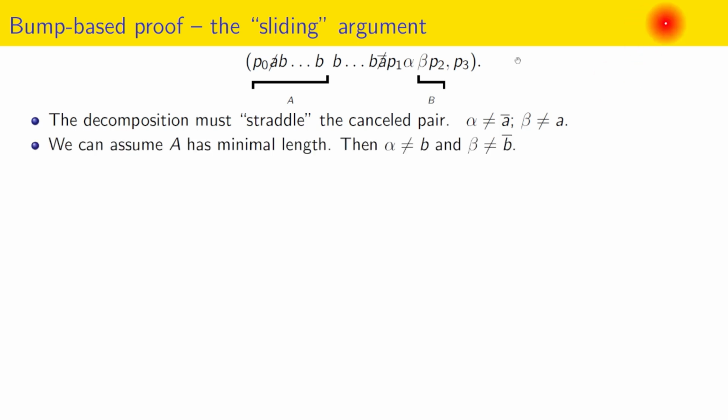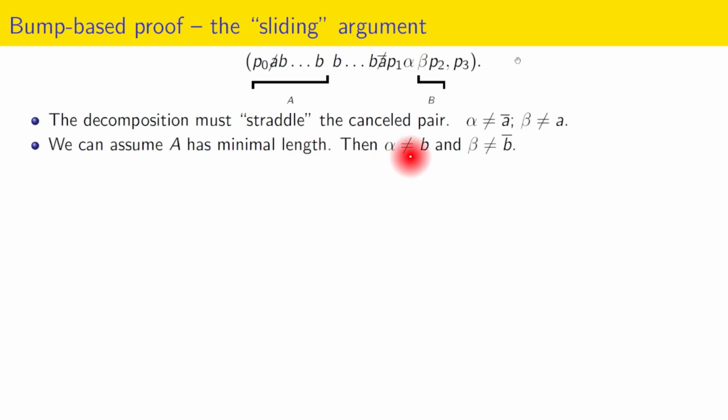Another thing we can assume is that this brace is of minimal length, meaning that I cannot move this end left. I mean, in general, I could have several possible decompositions. I take the one which has this bit shortest. This gives me another easy way of eliminating cases.